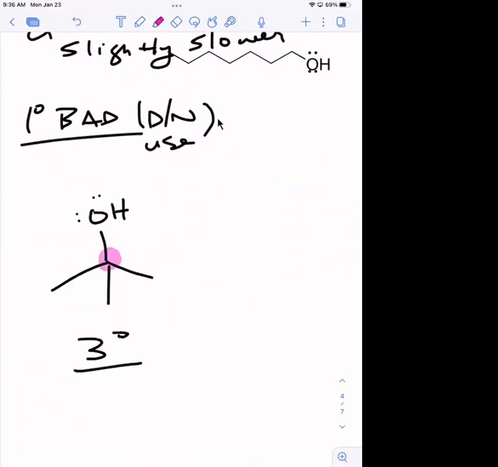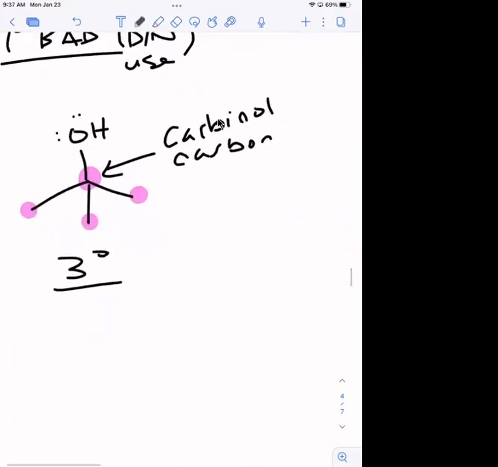It's got 3 bonds to that carbon here, where your alcohol is, we call that a carbonyl. And that carbon has 3 carbons bonded to it. Right? And then a secondary alcohol is going to have 2 carbons bonded to that carbon where your alcohol is.